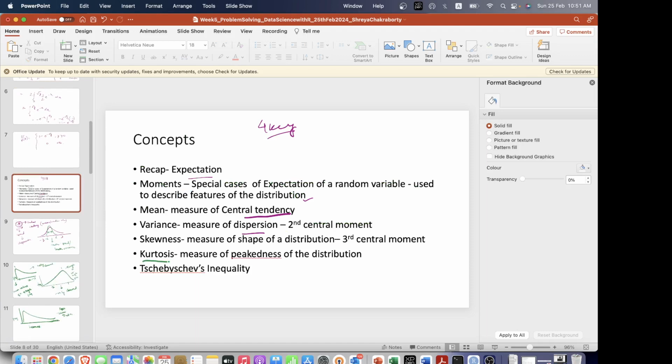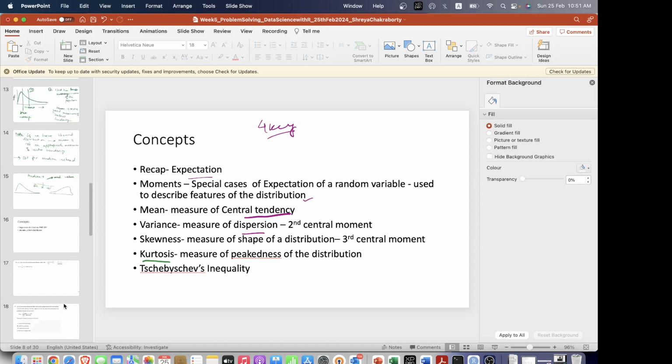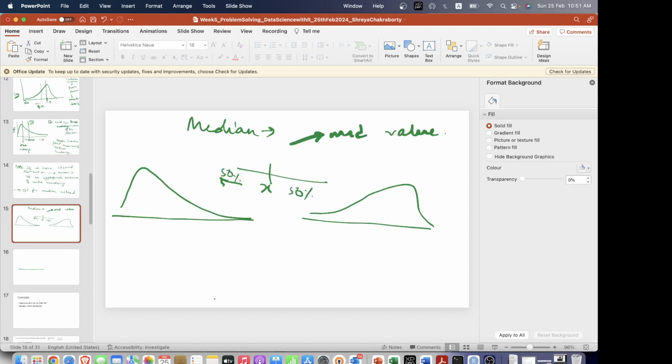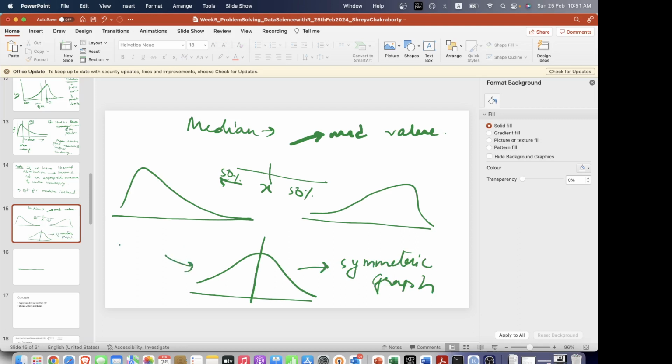We learned about kurtosis, a measure of peakedness of the distribution. Kurtosis can be compared with skewness. If we have a skewness coefficient equal to 0, this would be a symmetric graph.